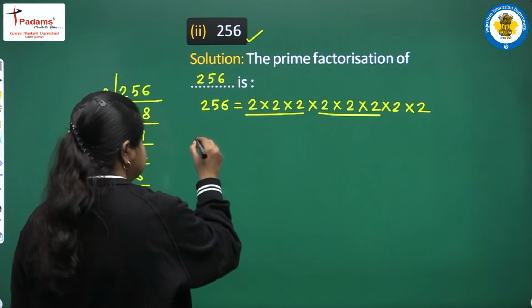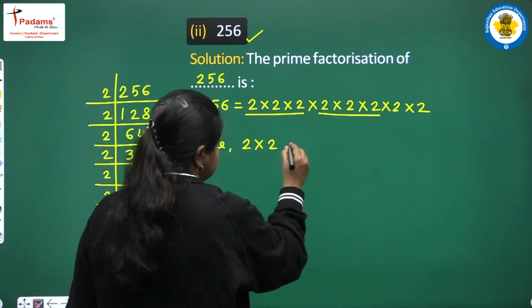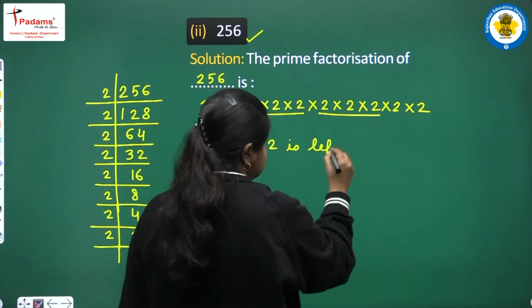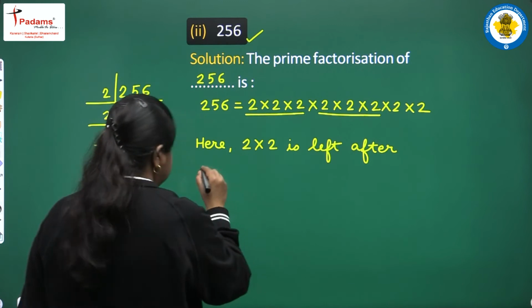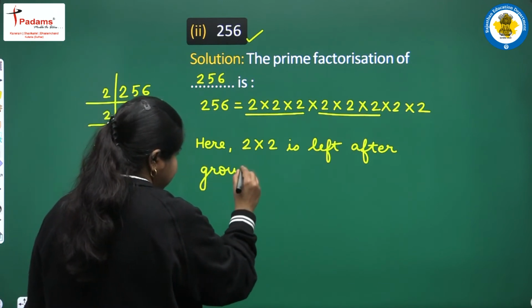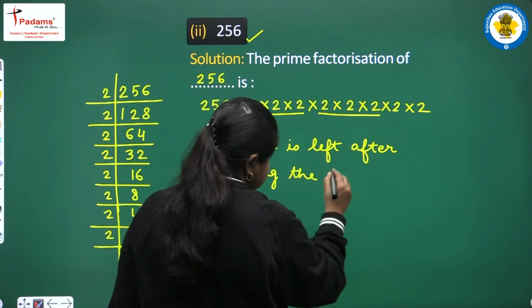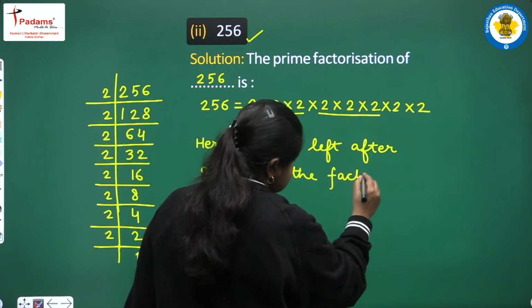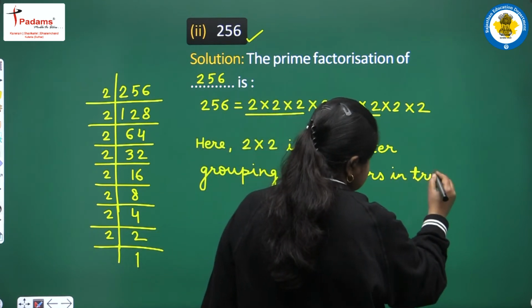First we write here: 2 into 2 is left after grouping the factors in triplets.